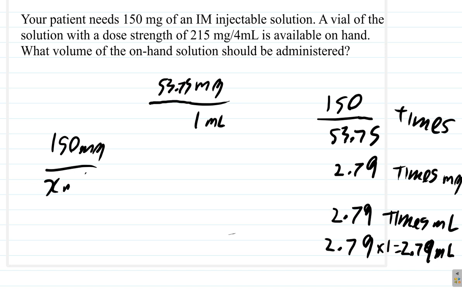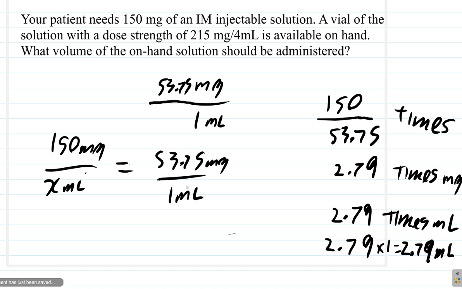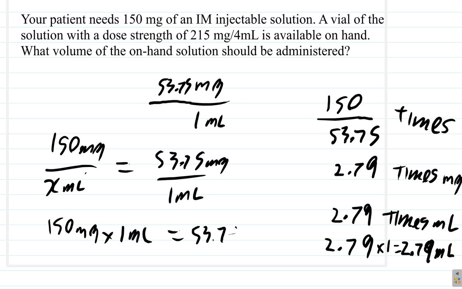So you say X milliliters equals 53.75 milligrams out of every 1 milliliter. And when you cross multiply, you get X times 53.75 equals 1 times 150. So it's 150 milligrams multiplied by 1 milliliter equals 53.75 milligrams times X milliliters.